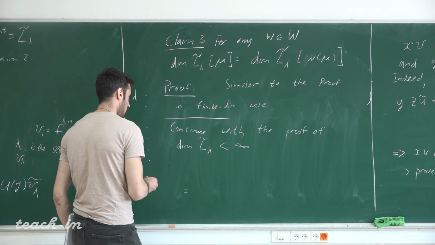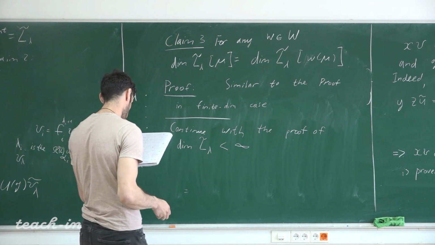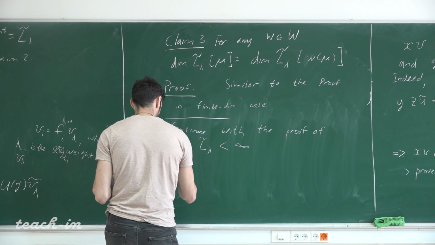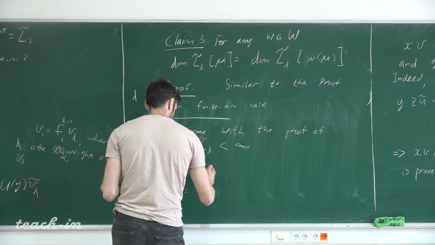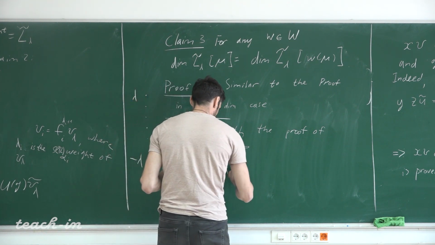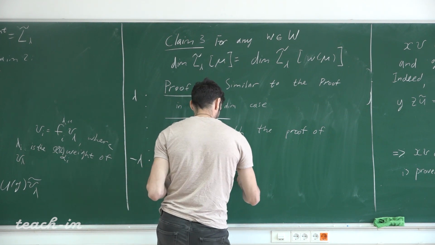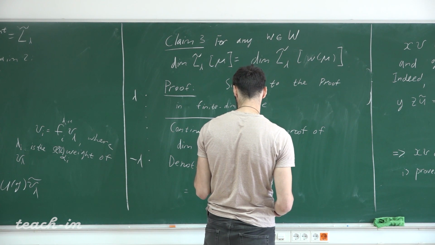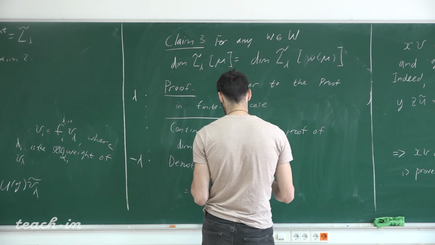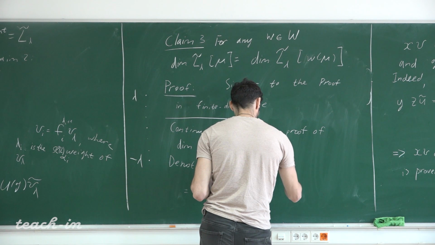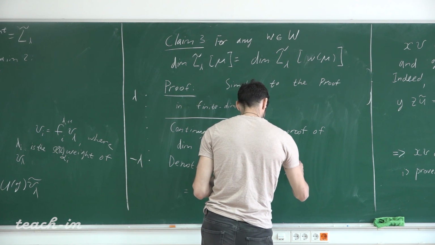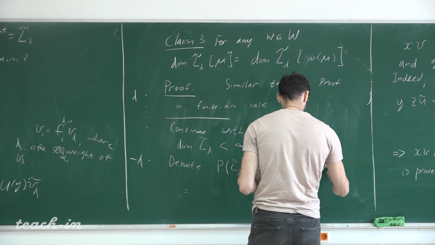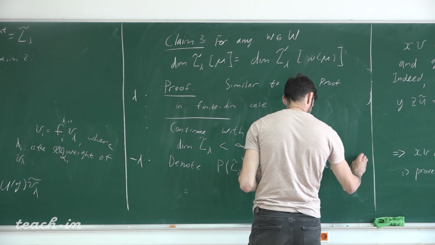So what do we have? Denote the set of all weights of L lambda tilde by P of L lambda tilde. Okay, so this is all mu in H star such that L lambda tilde of mu is not 0.